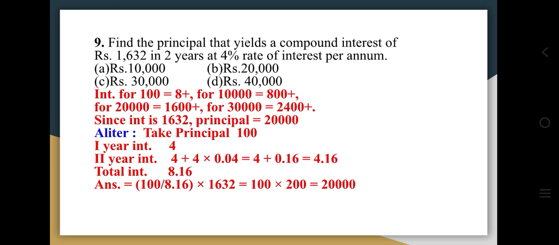So it is 100 into 200, because if you multiply 8.16 by 200, you will get 1632. So it is 100 into 200, that is 20,000.